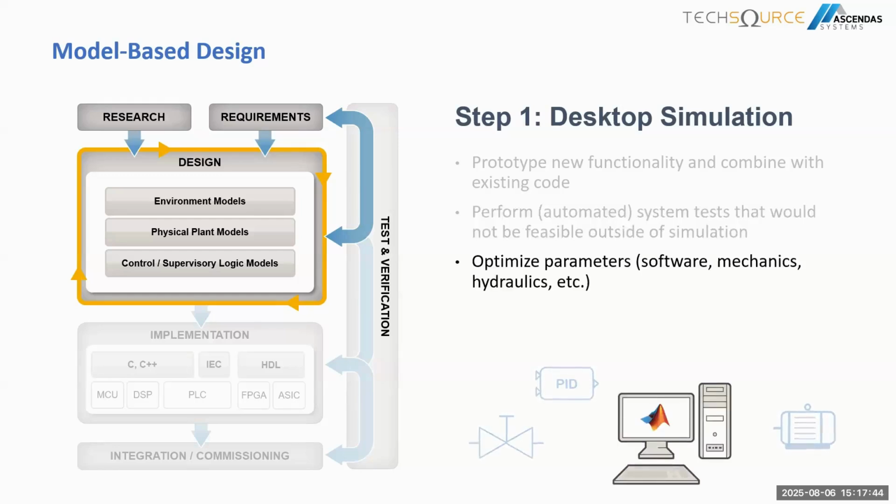And then we can optimize certain parameters, for example, software or our models we want to update depending on the actual performance of the system. So these are just examples of how we can utilize this process of modeling.